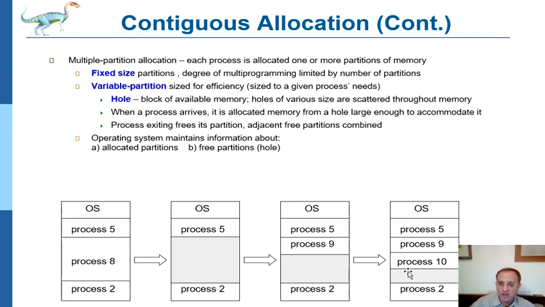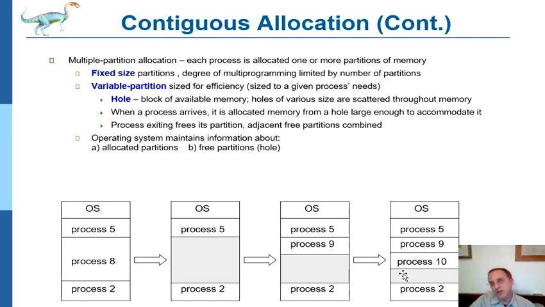Because this place is 95, and when I put in a 90, I'll have 5 unused. So maybe that's where I should put it. That would be saying best fit, which leaves the least amount of unused space. The sliver, the unallocated is the correct term. The unallocated sliver of the smallest size. That would be best fit.